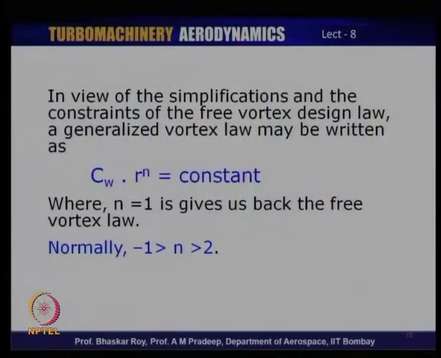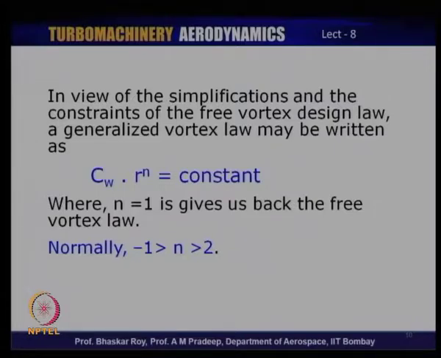The design principle that we have set forward, C w into r, as we see, has a number of simplifications and a number of constraints. We just put together all those constraints. It loads the blades differentially and in a certain standard, one may say straight-jacketed manner. If you do not like that straight jacket, and most modern designers do not, they would like to break free from the free vortex design law.